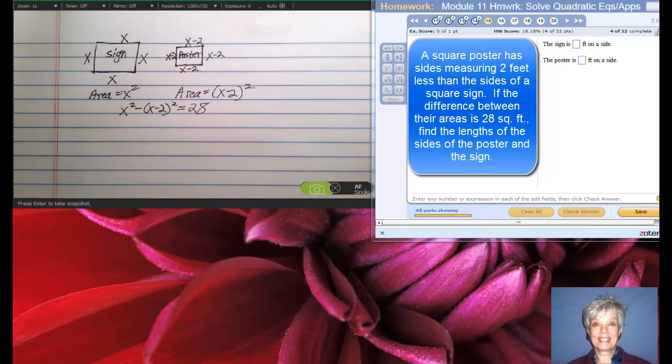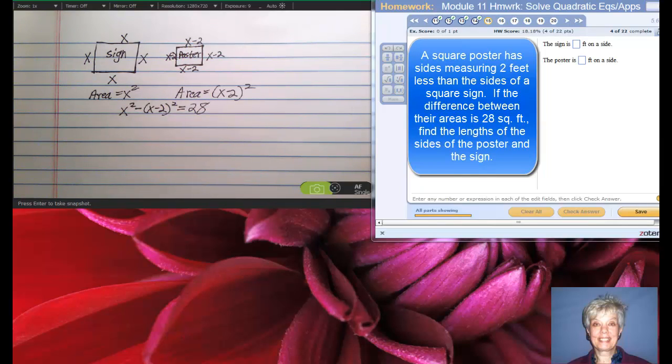So we're comparing a square sign to a square poster. If the difference between the areas, in other words, you're going to subtract the areas, if the difference between the areas is 28 square feet, find the length of the sides of the poster and the sign.